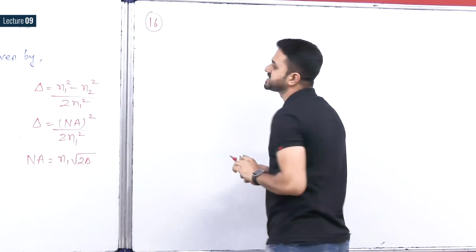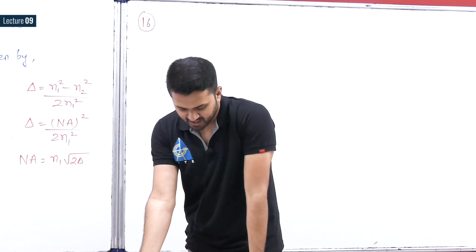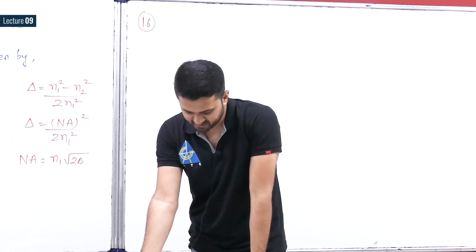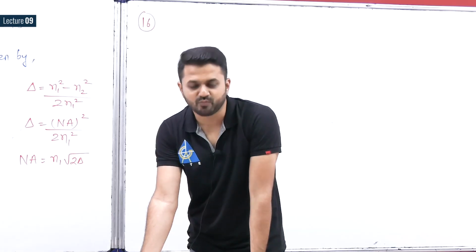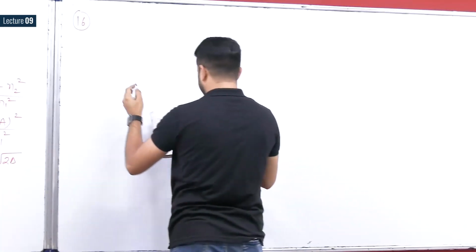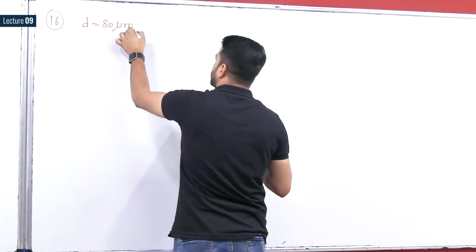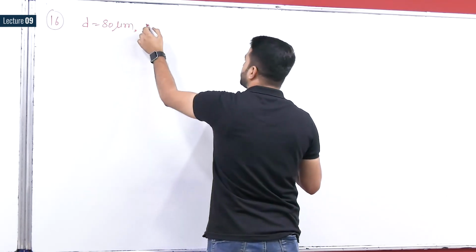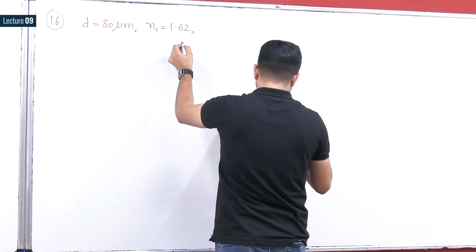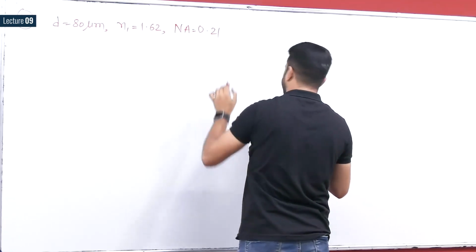Next is question number 16 to 18 actually, because this is a common data question. A step index fiber has a core diameter of 80 micrometer, a core refractive index of 1.62 and numerical aperture 0.21. So the diameter is given as 80 micrometer, the core refractive index n1 is 1.62 and the numerical aperture is 0.21.